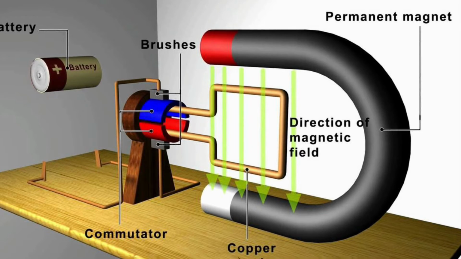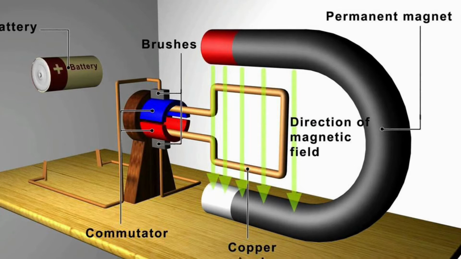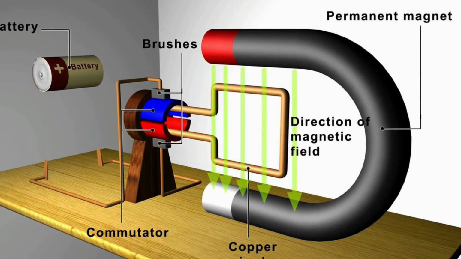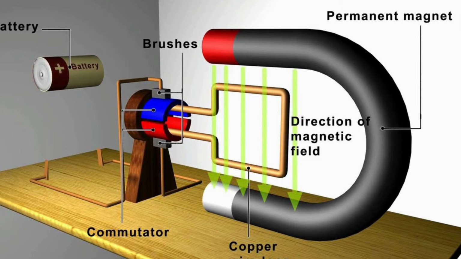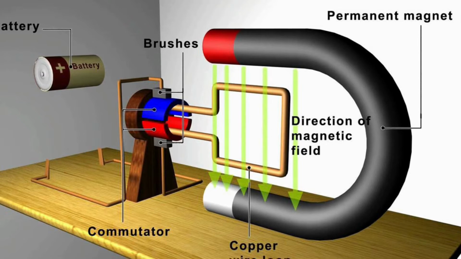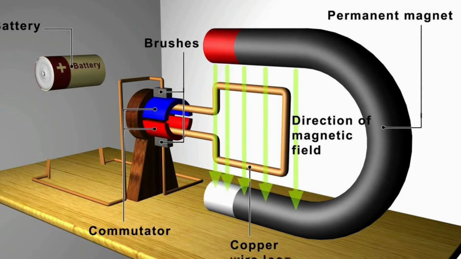Let's say, after it rotates for half a turn, it will be perpendicular to the magnetic field. That means the theta will be 180.